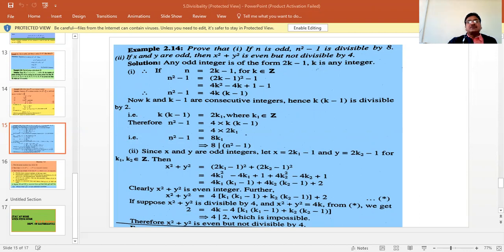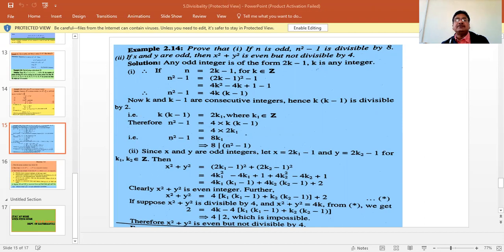And therefore n square minus 1 becomes 4 times this value of k into k minus 1. Substitute that value 2k1. Then what we have? We have the answer 8k1. So n square minus 1 is expressed in the form 8 into k1, and k1 is integer, and that's why 8 divides n square minus 1 by using the definition of divisibility.